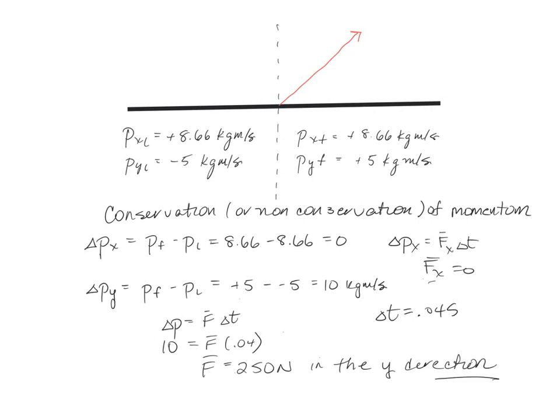And that should make sense because that's what's causing the ball to change its direction. And only the direction of y is being changed. A common mistake that people tend to make is to forget that momentum is indeed a vector. And so a common error, which we hope we won't make, is to do delta Py is P final minus P initial, and to say that P final is 5 and P initial is also 5, without taking into account the sign.